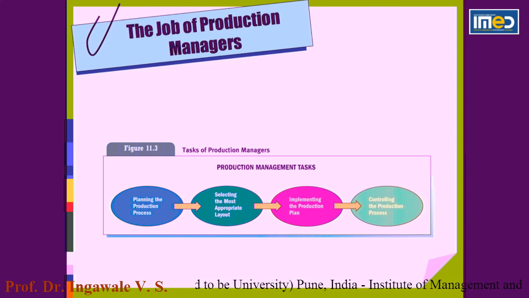Then next, after selecting the most appropriate layout, then comes implementing the production plan. So whatever production plan prepared by particular manager, so afterwards it will be implemented. Then next, controlling the production process. So maybe supervision and other controlling methods may be used.